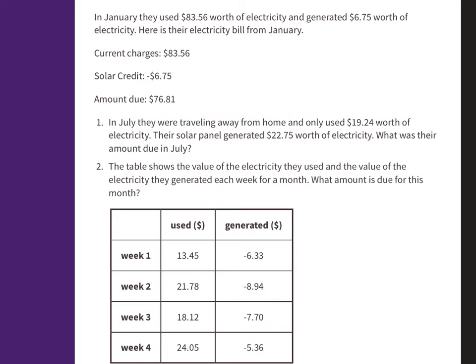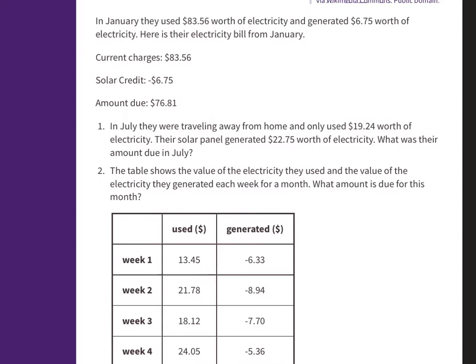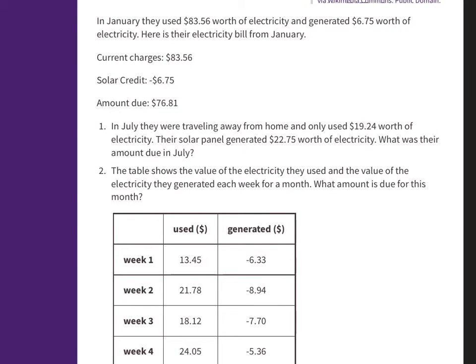In July, they were traveling away from home and only used $19.24 worth of electricity, and their solar panel generated $22.75 worth of electricity. What was their amount due? Well, they owed $19.24, and they generated $22.75, so we're going to go $19.24 minus $22.75.